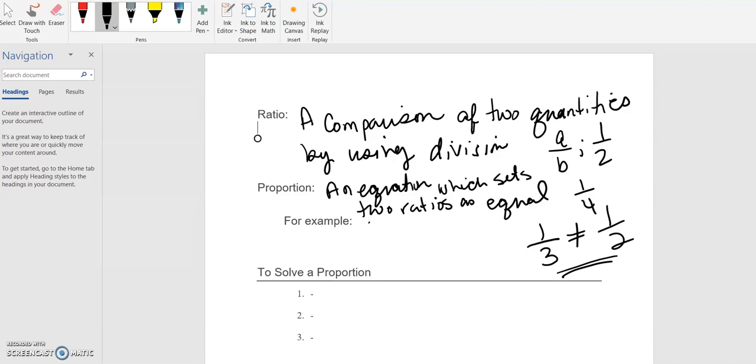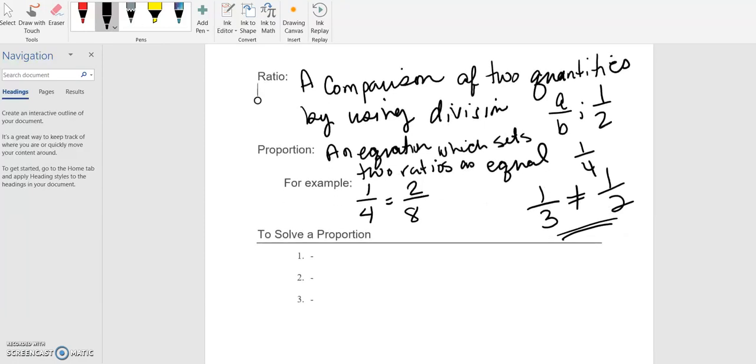For example, we could set 1/4 equal to 2 divided by 8, and determine if that's equal. We know here that it is, but what a proportion does is let us set this up and then determine if that's possible. Well, how do I determine that? We're going to get that with solving a proportion, and there are 3 steps that I'm going to use.